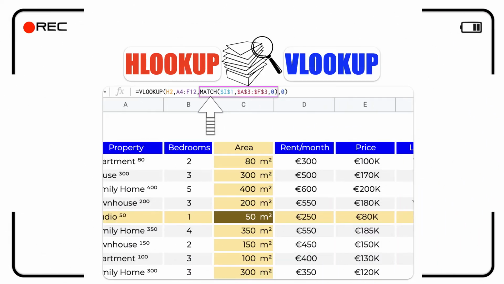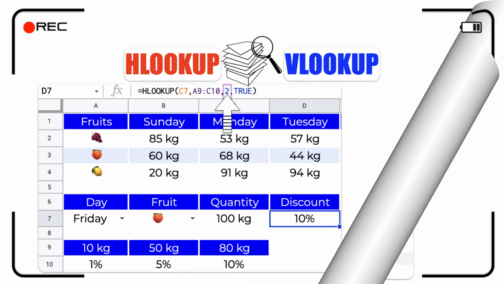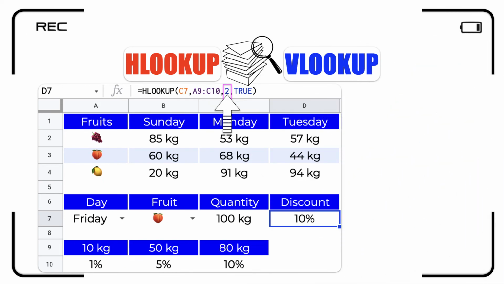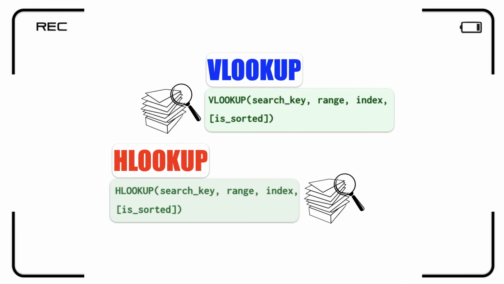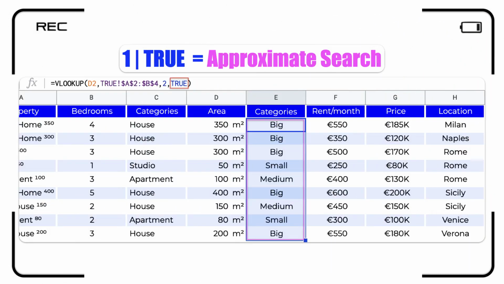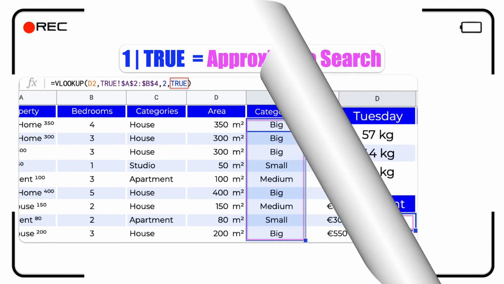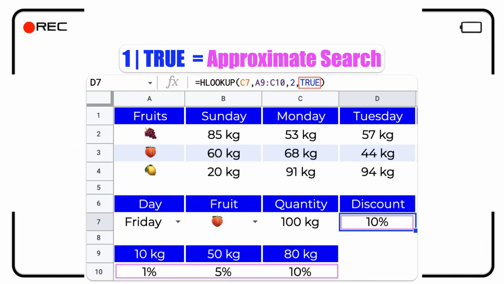For both functions, we can use the MATCH function to make the index parameter dynamic or type it as a number. Also, we can use an exact match or approximate search. One of the practical uses of the approximate search is to categorize the data. Another example is finding the discount value depending on the quantity.